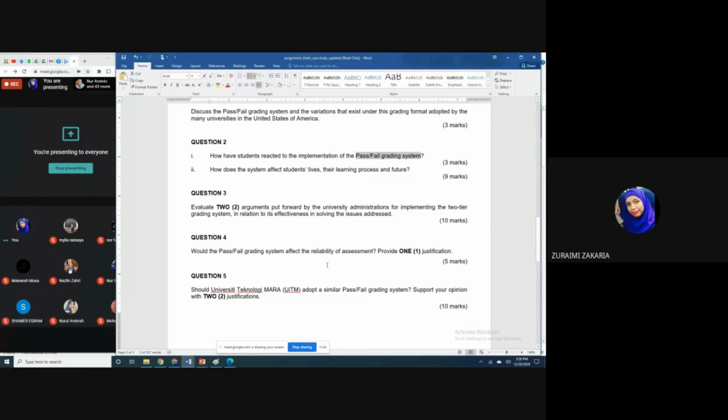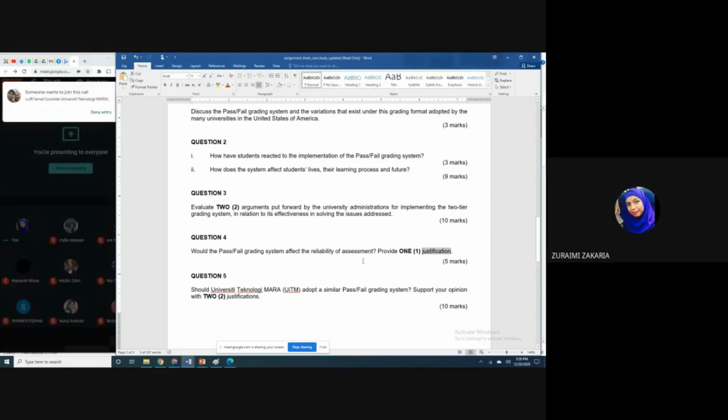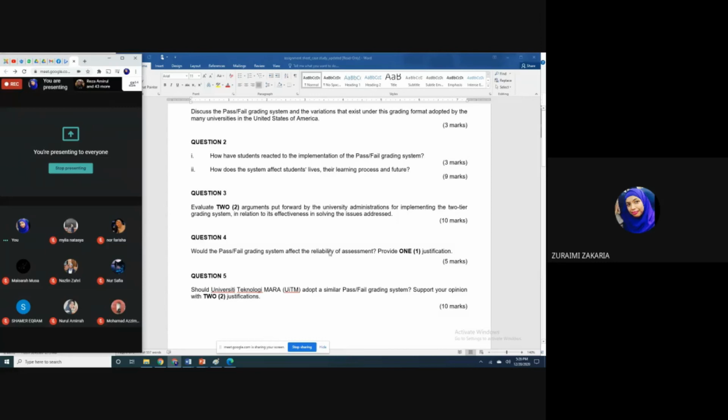Mestilah ada. So, would it affect? Yes, tapi kena bagi justification. Apa aspek yang dijejaskan? What aspect of reliability affected by this pass and fail grading system? Okay, kena ada sedikit discussion lah.